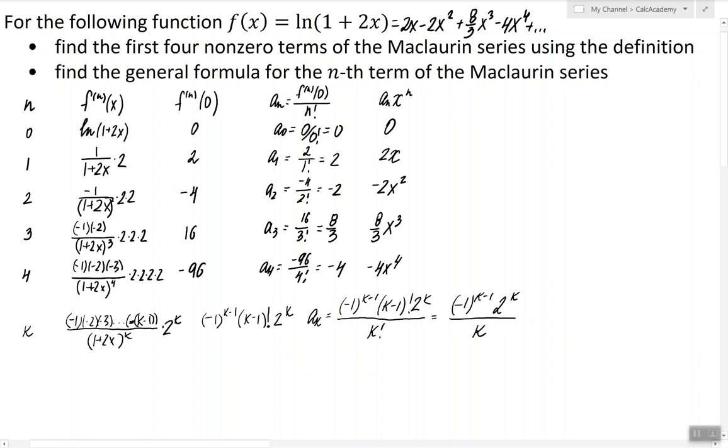So we got the formula. So the general term of the Maclaurin series for this function is that, and therefore the series itself can be written like this.